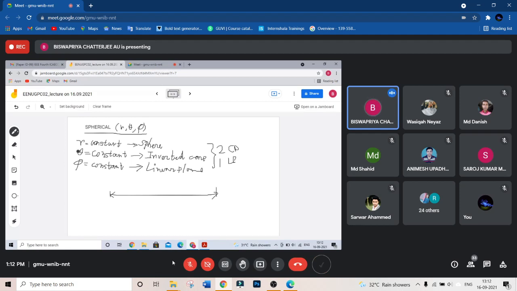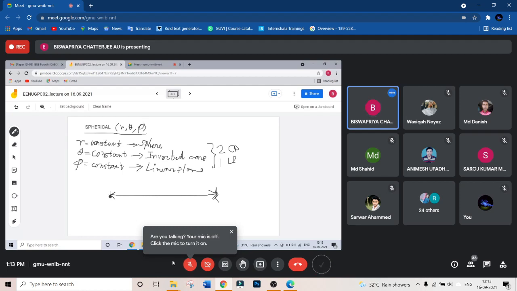There are lots of other coordinate systems where all the planes are non-linear, because to tackle such large distances and high altitudes, everything becomes non-linear.